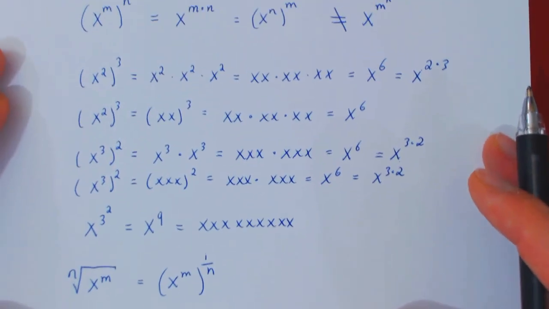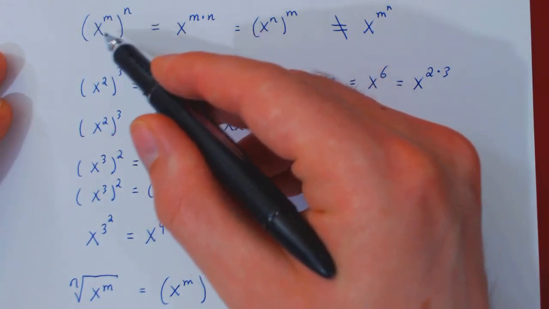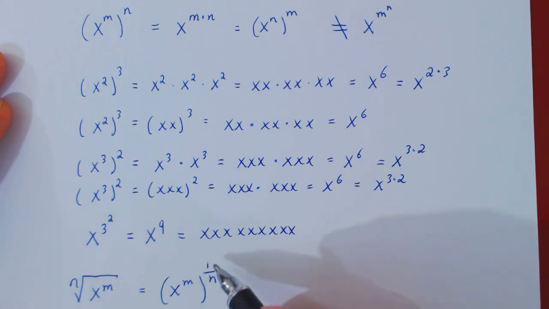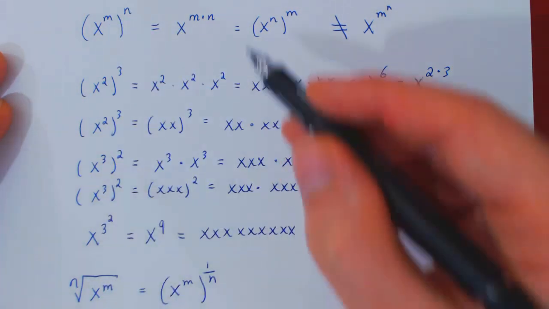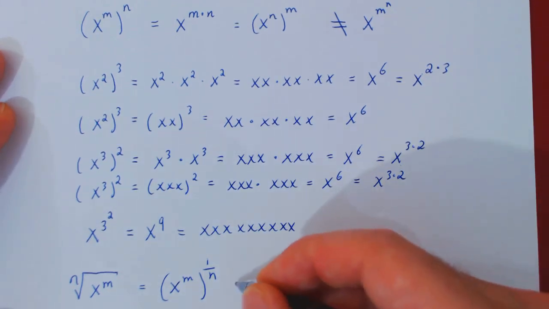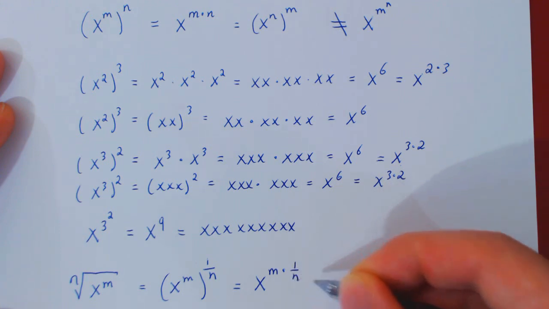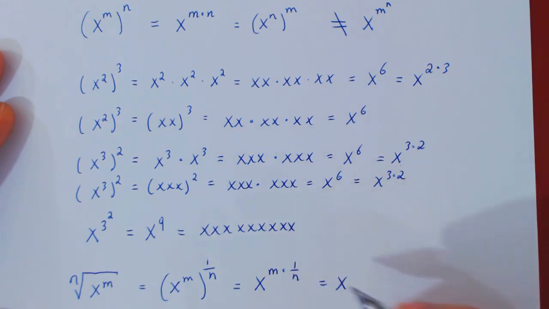A power of 1 over n is, by definition, the nth root. And now we can use our property. When you double exponentiate x, which is our case here, no matter what the exponents are, you can combine by multiplying the two exponents. So this will be quite simply x to the m times 1 over n. And this looks better as simply x to the m over n.